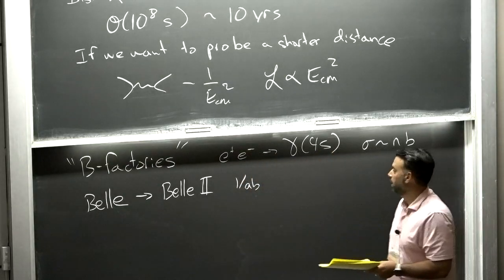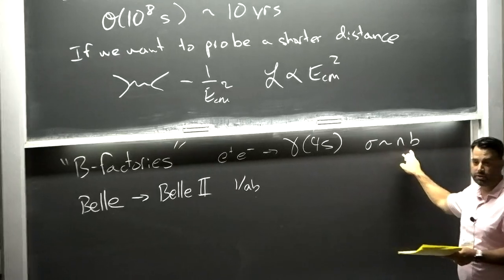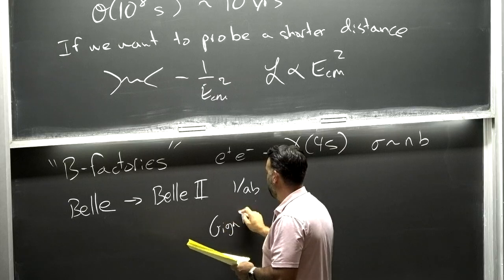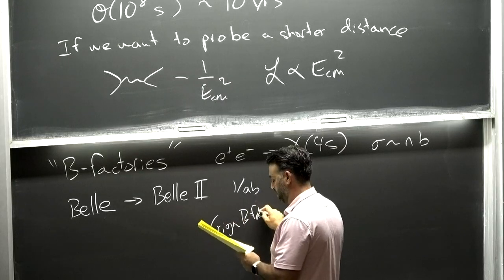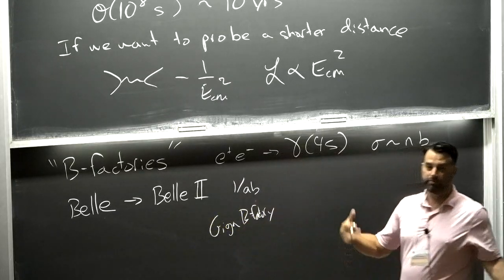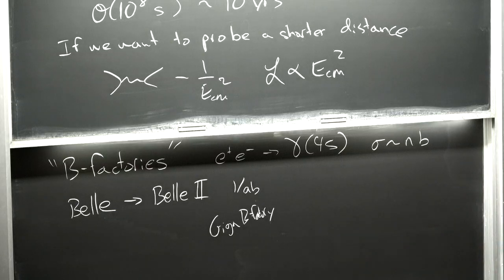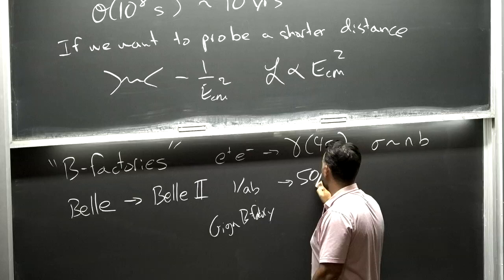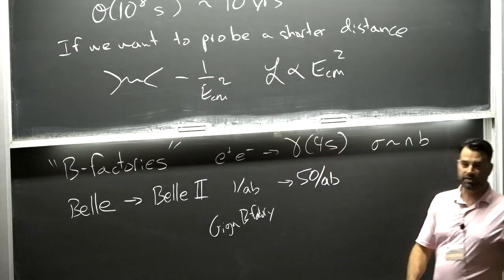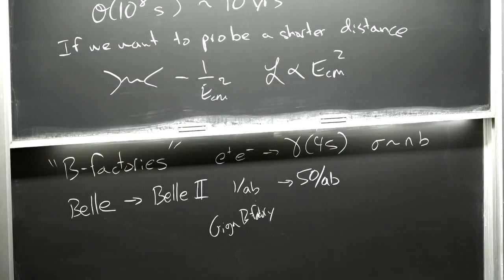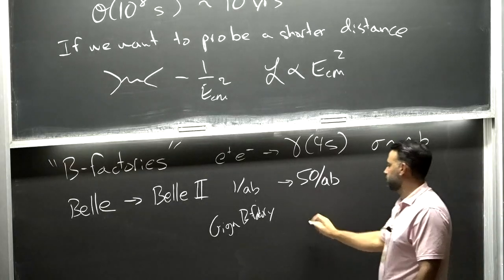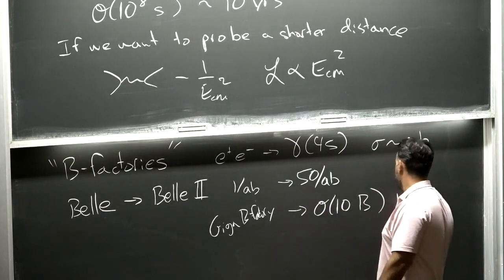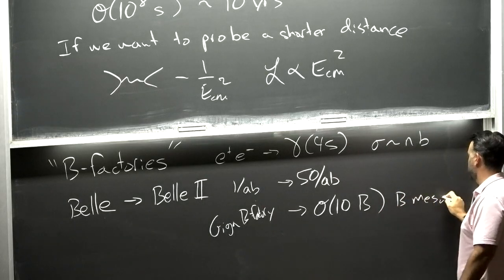Using a nanobarn cross-section, we can call this a giga B factory: you have order a billion Bs produced. Now, Belle II is supposed to eventually get 50 inverse attobarns. What this will give us is roughly order 10 billion B mesons.